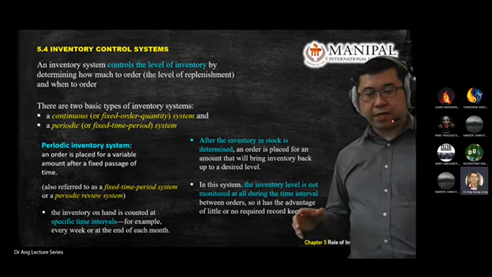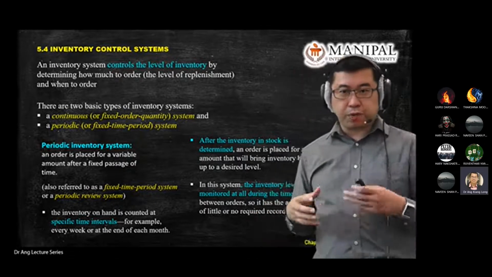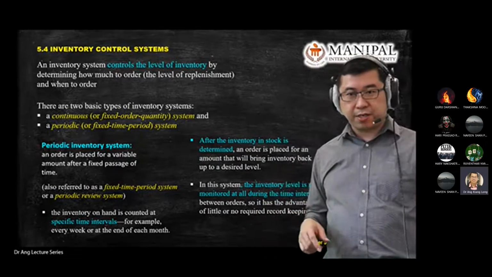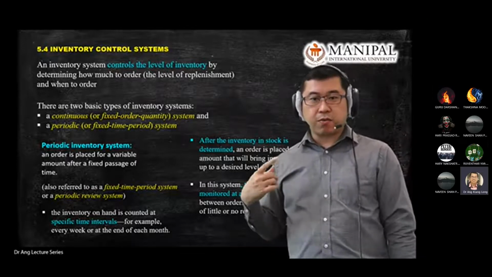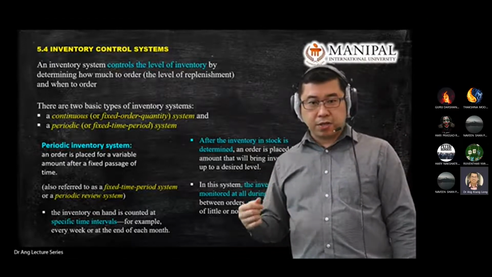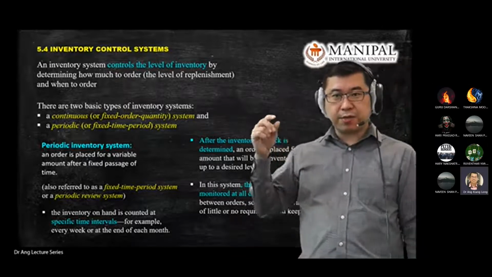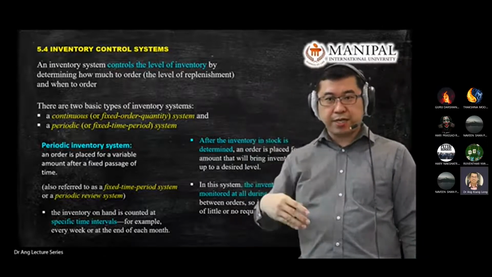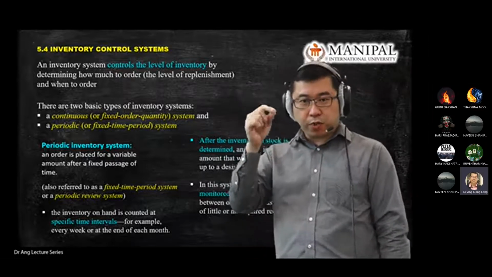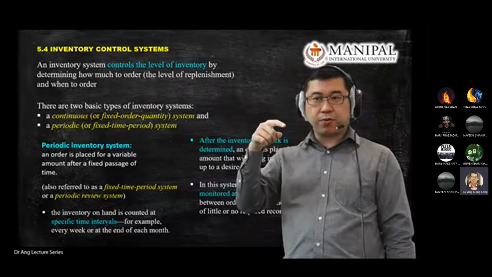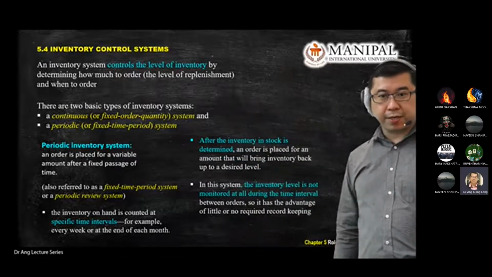You don't need very fast computation facilities, because you only update, for example, every 1 week, 1 month, or so. Every time you trigger the system, the system will go and check what is the available stock after that week. Then it will tell you how many you need to top up. Okay.